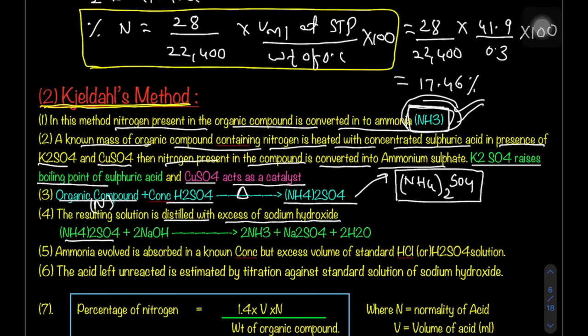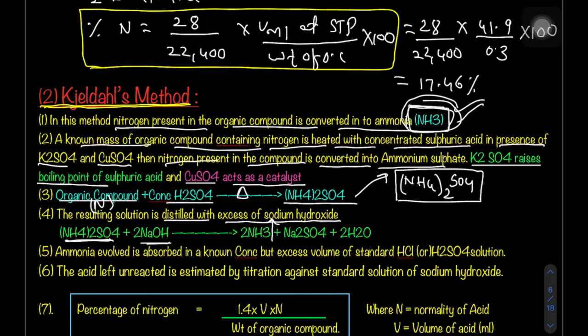What happens? This is a salt of ammonia. Do you know ammonia is a weak base? Yes. Sodium hydroxide is a strong base. We know a strong base decomposes the salt of a weak base. So sodium hydroxide displaces the ammonia from its salt. So ammonia gas is displaced. This is very important.